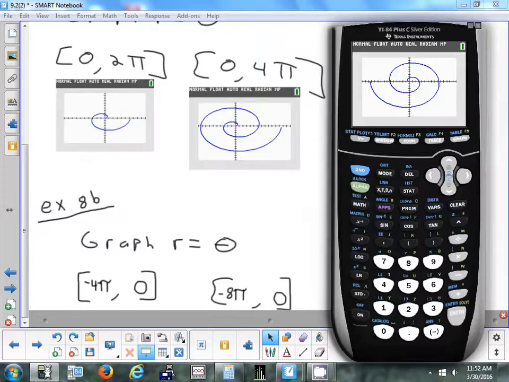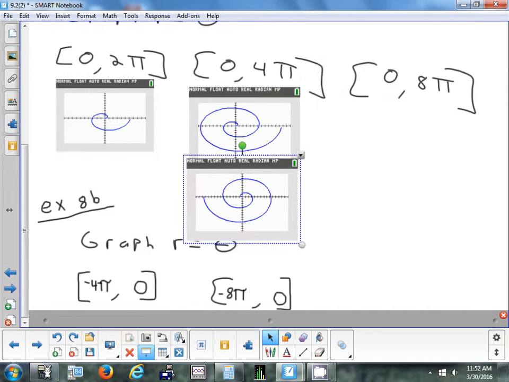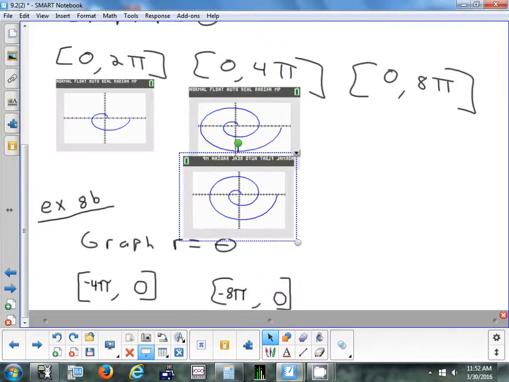It started from the outside, but it didn't trace this spiral just working in. Are these two spirals the same? No, they're the same proportion, but they're reflected. It looks like a mirror image. They're mirror images of each other.